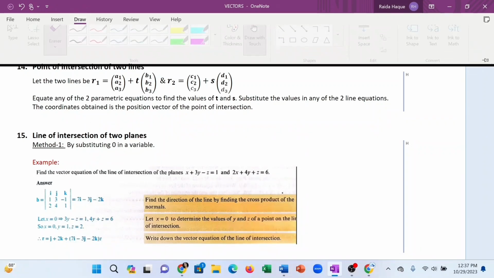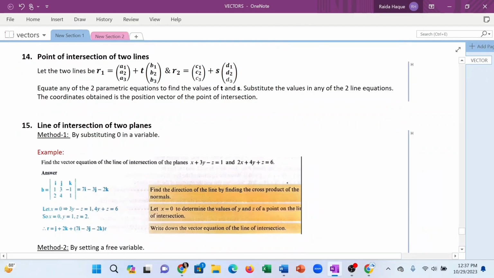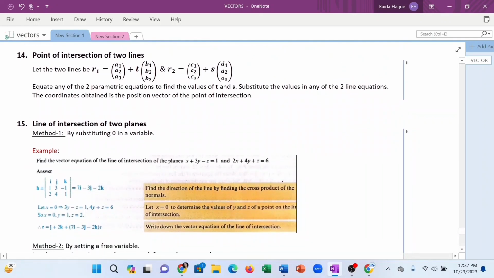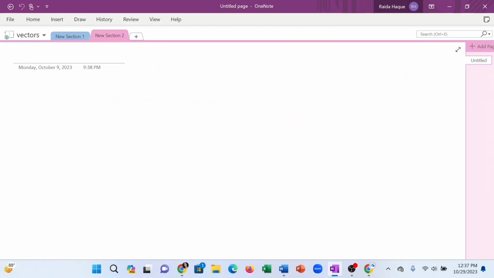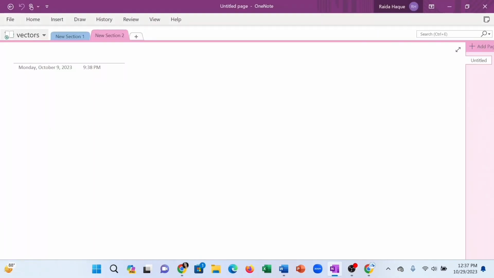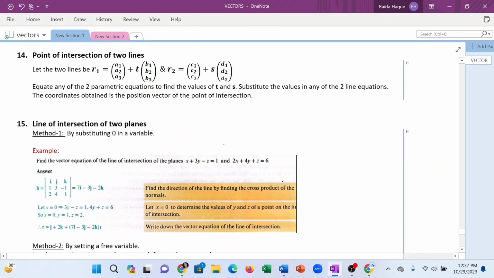The next thing that you need to do is find a, which is the position vector of a point on the line. So we are substituting the variable 0 over here. Let x equal 0 in both of these equations.